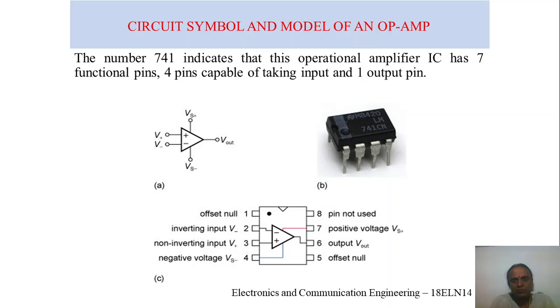Coming back to the circuit symbol and model of an op-amp, here the number 741 represents the integrated IC 741, which is represented as an op-amp. So µA is given by the semiconductor manufacturer, and the whole IC number is µA741.